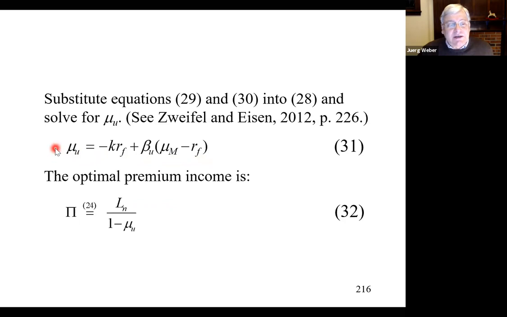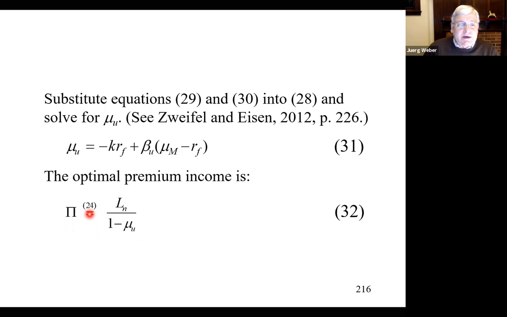That's the basic equation of the insurance capital asset pricing model. And once you have the optimal underwriting return, you can put this number into the equation here, and you will get the optimal premium income. This we just simply rearrange from equation 24. That's very straightforward.